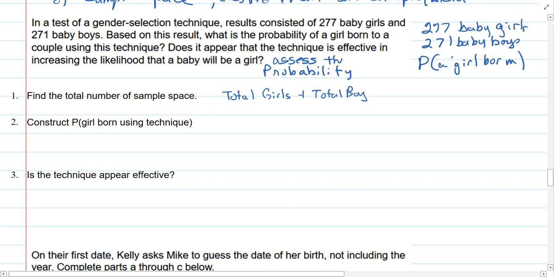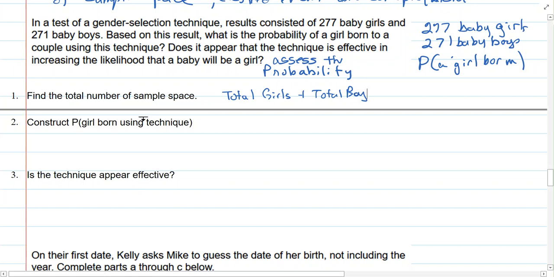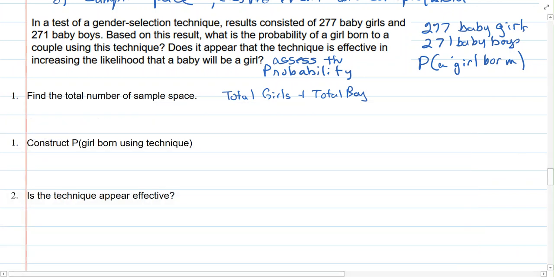The total girls is 277 and the total boys are 271. So our sample space has a total of 548.